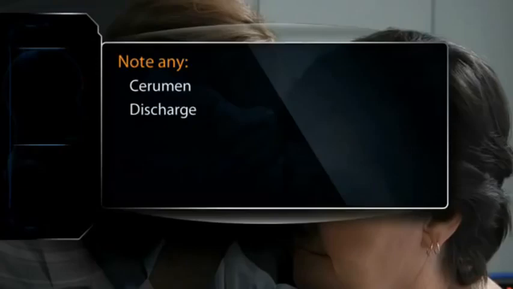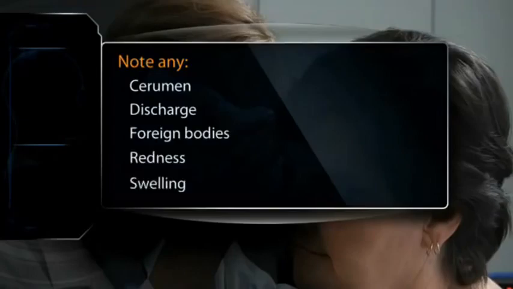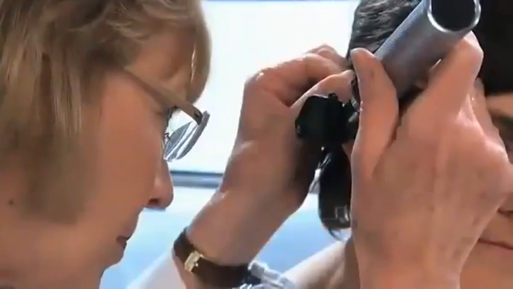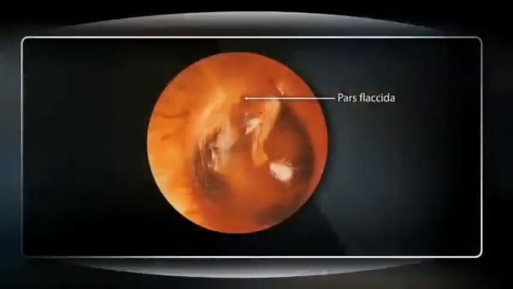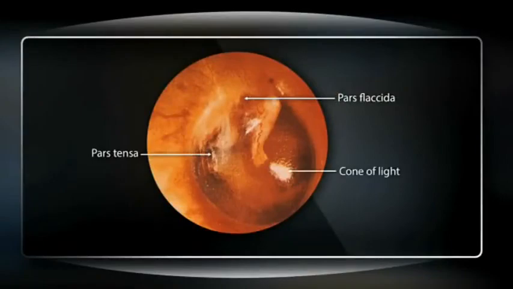Also, observe for any discharge, foreign bodies, redness of the skin, or swelling. Maneuver the speculum until you can see as much of the eardrum as possible, including the pars flaccida, if possible, and the margins of the pars tensa. Note the color and contour of the eardrum with its distinct cone of light.